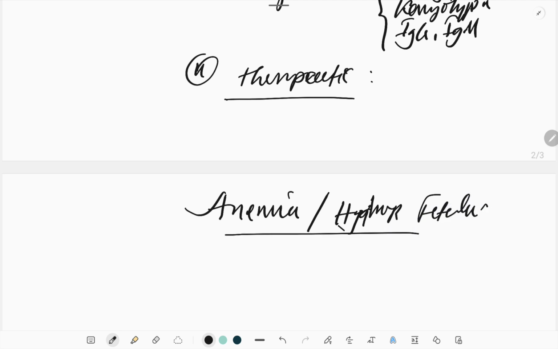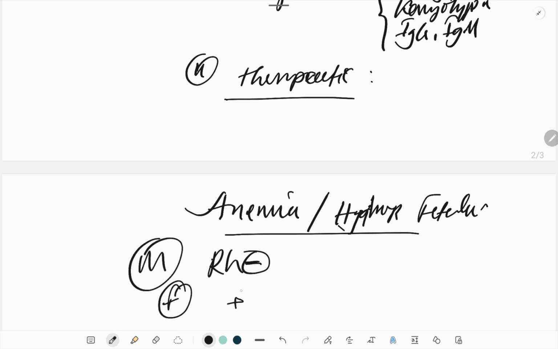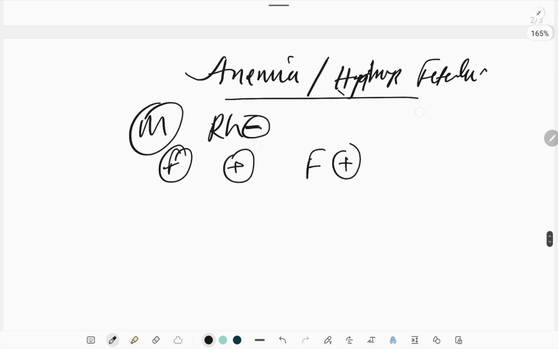We know in case of Rh incompatibility, where the mother is negative and father is positive and fetus is positive, the fetus may develop severe anemia and hydrops fetalis, and in that case, prenatal, that is before delivery, the fetus may need blood transfusion.